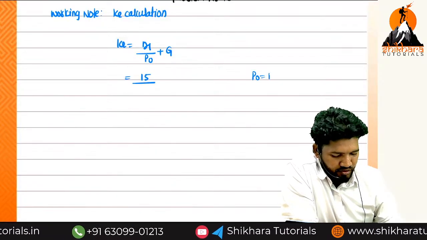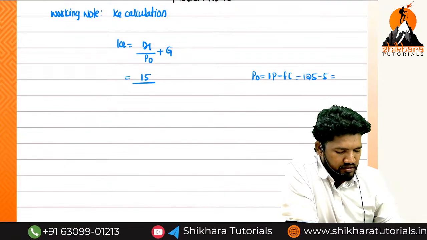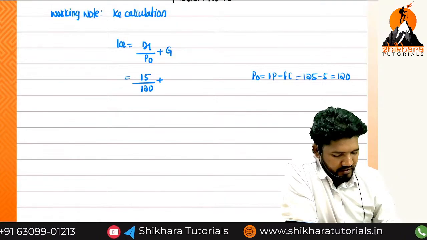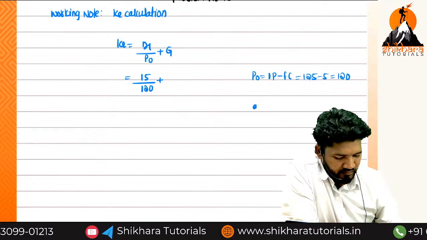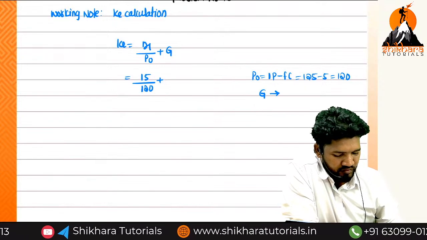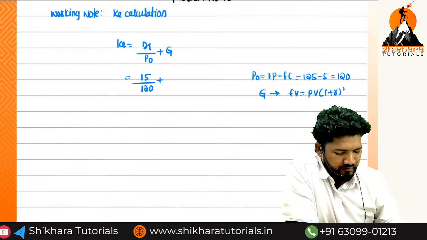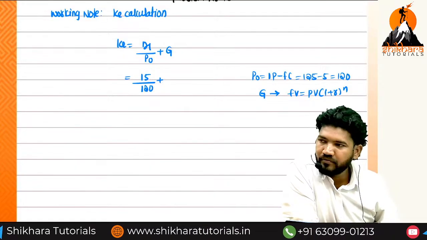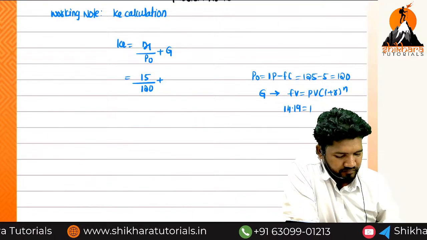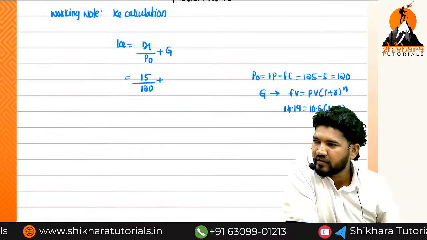P0 equals issue price minus flotation cost, 125 minus 5, that equals 120. Growth rate is a calculation part. Future value equals present value into (1 plus r) power n. Future value is 14.19. Present value is 10.6. I don't know r, that is nothing but the growth rate. I know n.